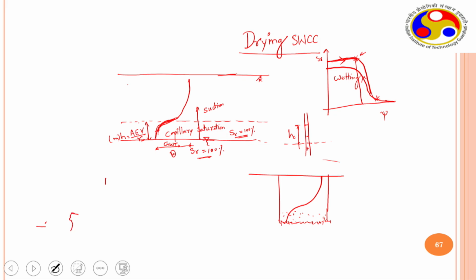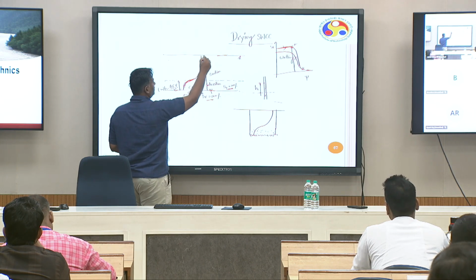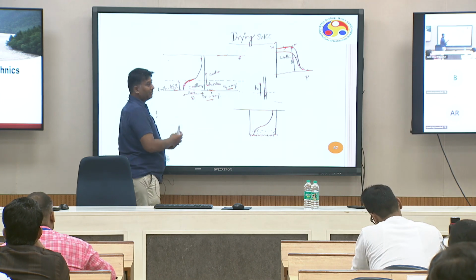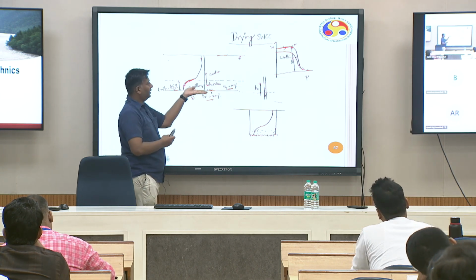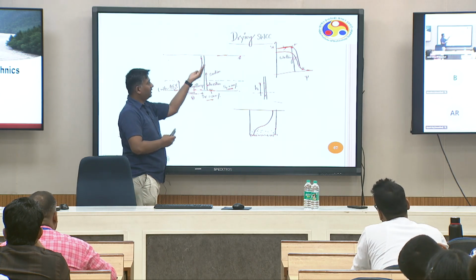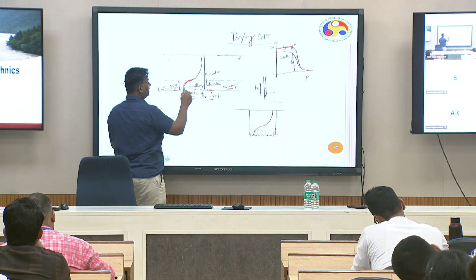Capillary saturation takes place, and this is the capillary rise. And beyond that, this is how it changes. Even SWCC can be drawn here. So this is the suction because there is a negative pressure. Here the potential is 0, correct? So beyond that, it's a negative pressure, negative potential. So water content changes in this manner.